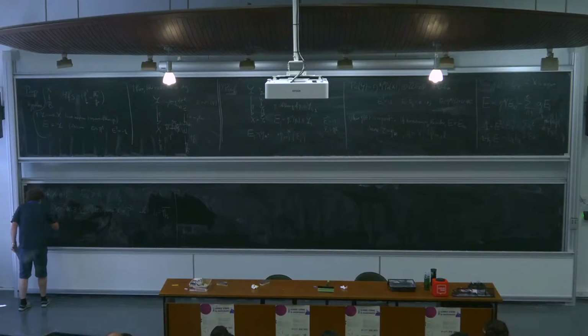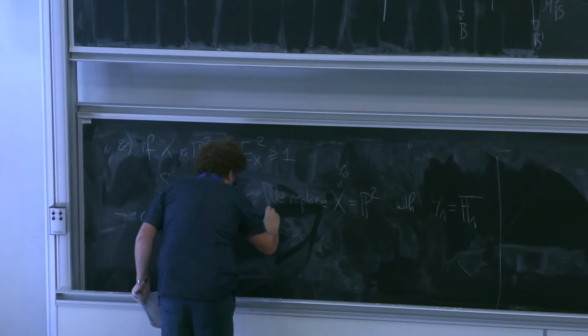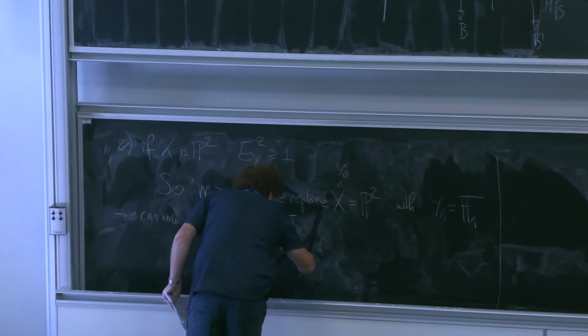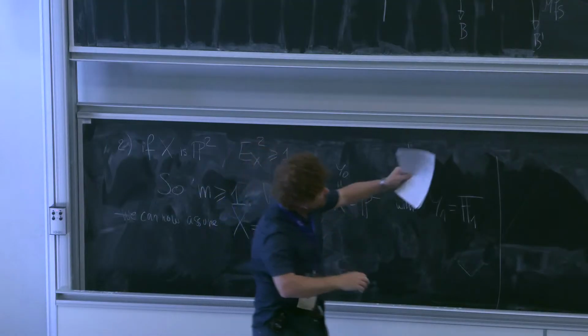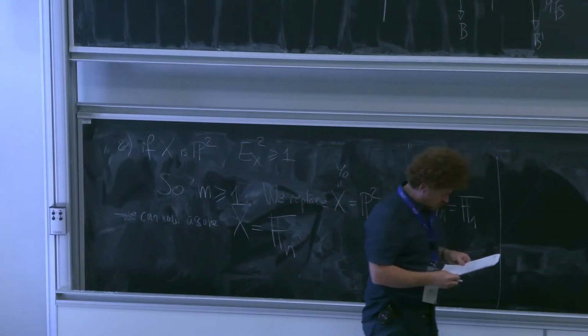We can now assume X is F_n. We have the m, which is the number of blowups. I have the n of the F_n.